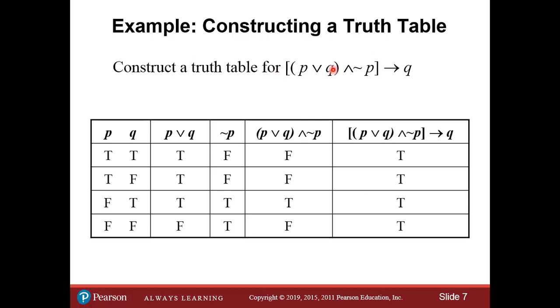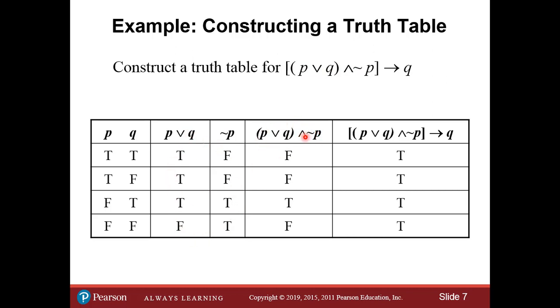So now P or Q. Remember, or statements are false only when both P and Q are false. So this is the only one, so the rest are going to be true, and this is going to be false. And then these have the opposite truth values because it's the negation. Now we're going to put these together with and. So now I'm going to take these two columns to figure this one out.